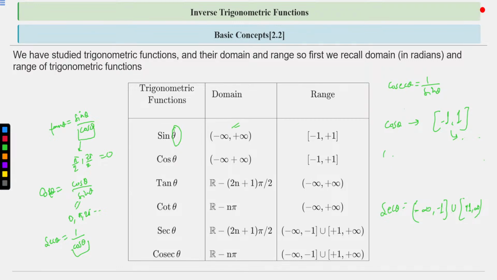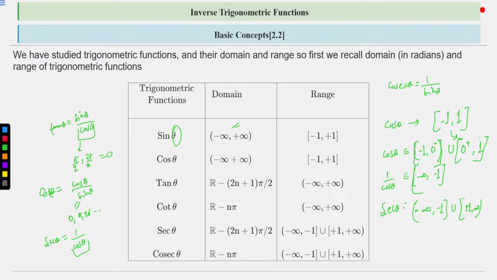So you can write cos theta belongs to minus 1 to 0 minus union 0 plus to 1. And when you take the inverse of that, 1 by cos theta, all the values will be inverted. So 1 by 0 minus will be minus infinity, and 1 by minus 1 will be minus 1.